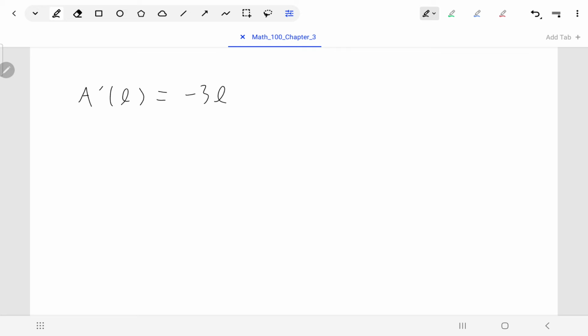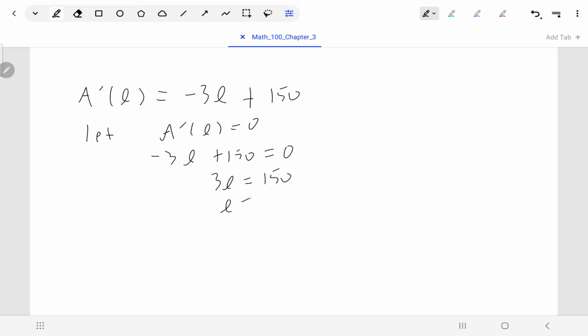And then I also had 150 L. Derivative of that is 150. There's no places where my derivative is undefined. So when I'm looking for critical numbers, it's only places where my derivative is equal to 0. And there's only one value for that. When I solve for where my derivative is equal to 0, I find that it only happens to be at 50.